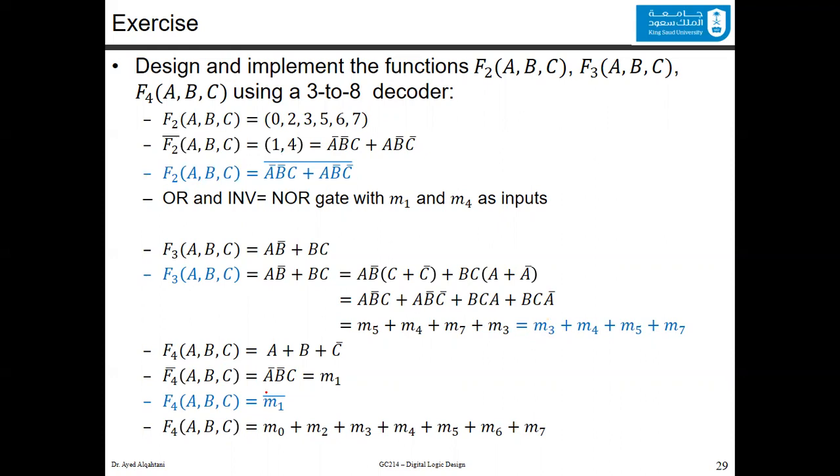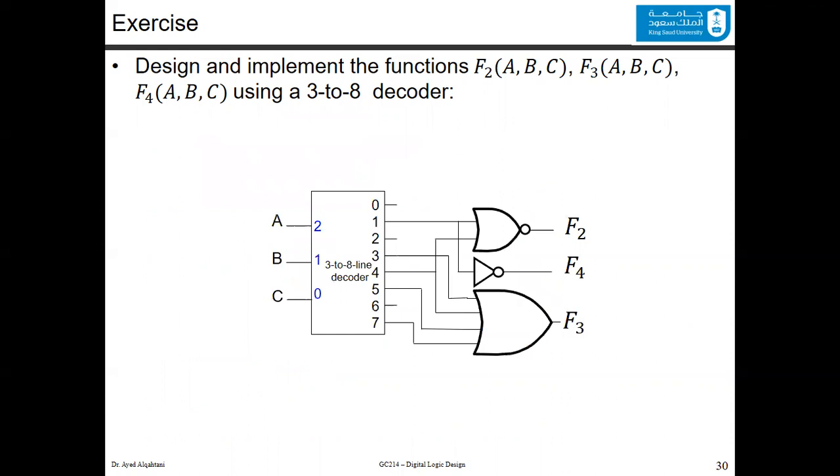And we will do this in the next slide like this. Here's F2, NOR gate with M1 and M4. F3 is normal. You get the 3, 4, 5, and 7. And the F4 has a single inverter of M1.